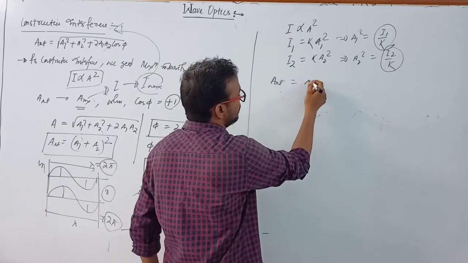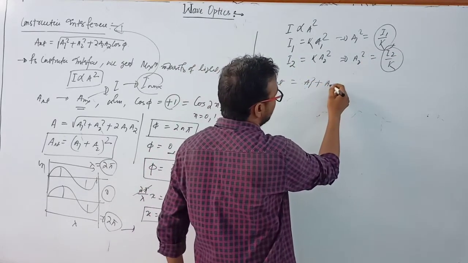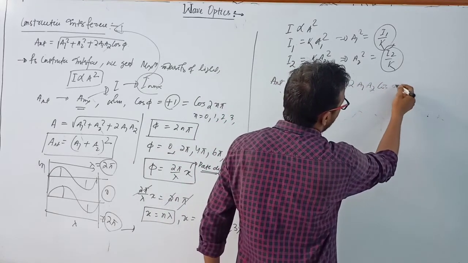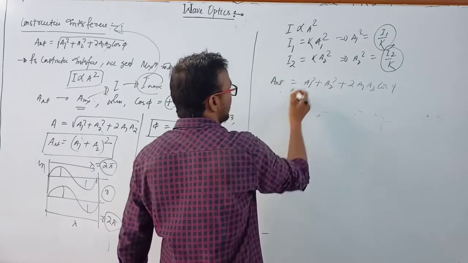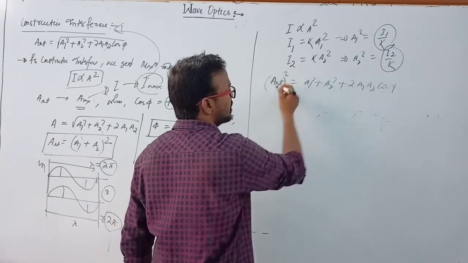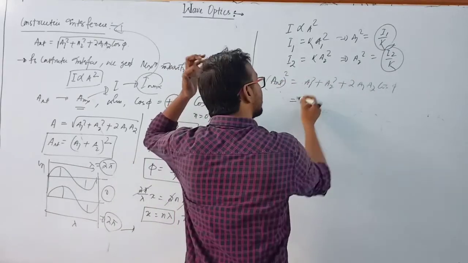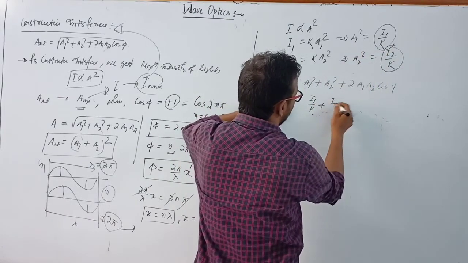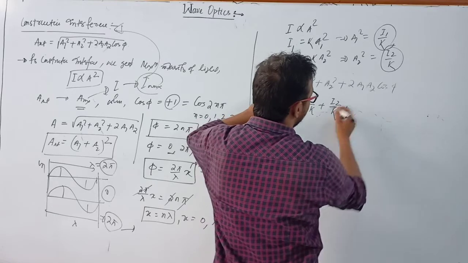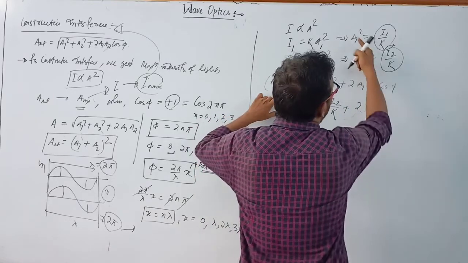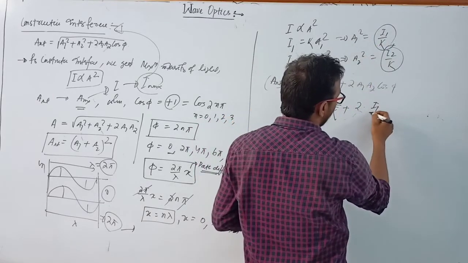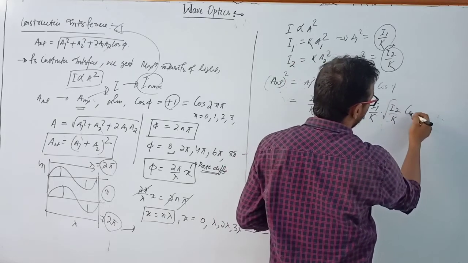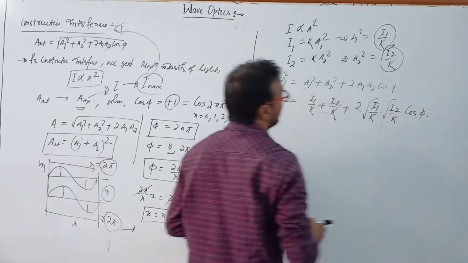A net equal to a1 square plus a2 square plus 2a1 a2 cos phi, and here we have to take under root. Then use this relation: a net square equals I1 by k plus I2 by k plus 2 under root of I1 by k under root of I2 by k, and cos phi.